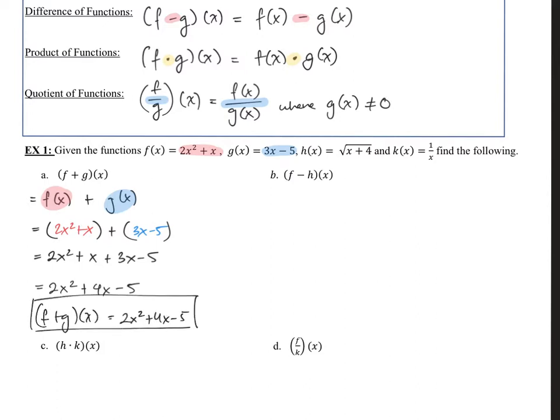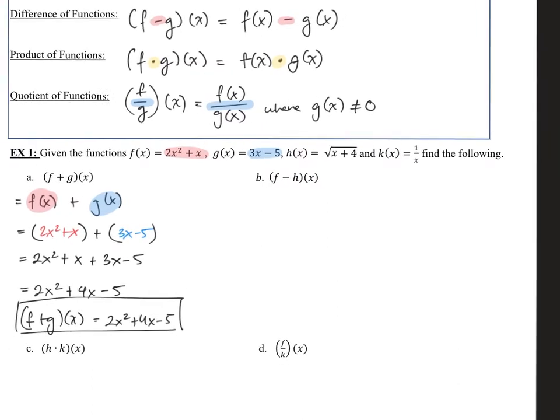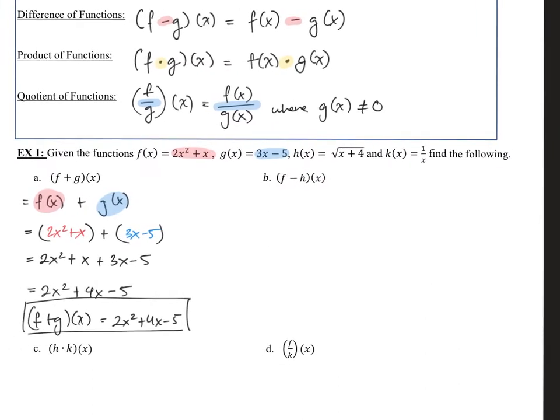And there we go. Now let's take a look at f minus h of x. We're introducing h, so let me go ahead and introduce that. So we have f minus h of x, and f is the red value, and h is the green. I'll go ahead and input those. F of x is the same thing we used last time, so 2x squared plus x.